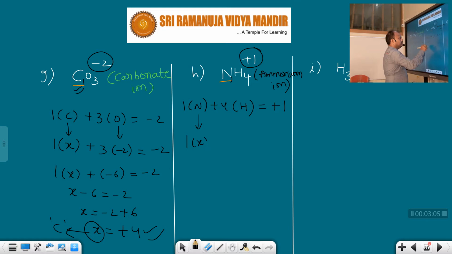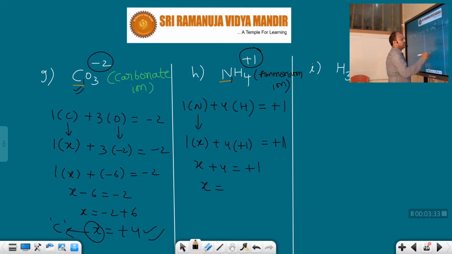Say X. Hydrogen always exhibits the oxidation state +1, except in metallic hydrides. In metallic hydrides, hydrogen exhibits the oxidation state -1. Otherwise, generally hydrogen exhibits the oxidation state +1, and the total should be equal to +1. So X plus 4 is equal to +1.